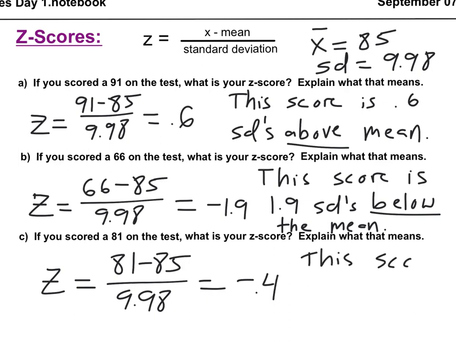The score is 0.4 standard deviations below the mean. Okay? So much more to come with Z-scores. Okay? They're a huge thing for us. We'll use them all the time. All I want you thinking about right now is, one, for a piece of data, can I calculate a Z-score? And two, can I explain what that Z-score means?